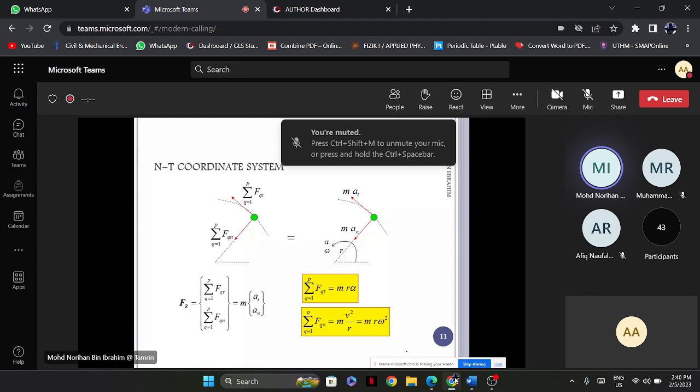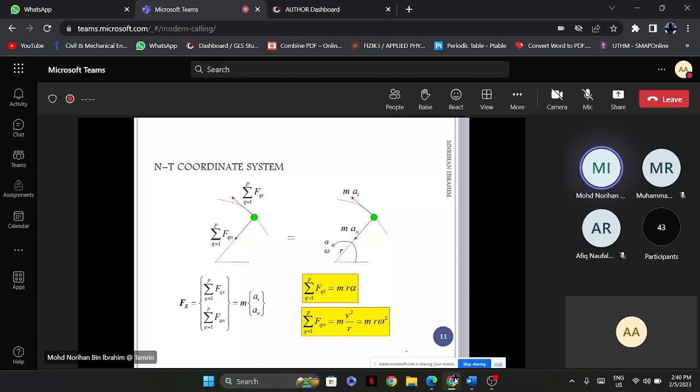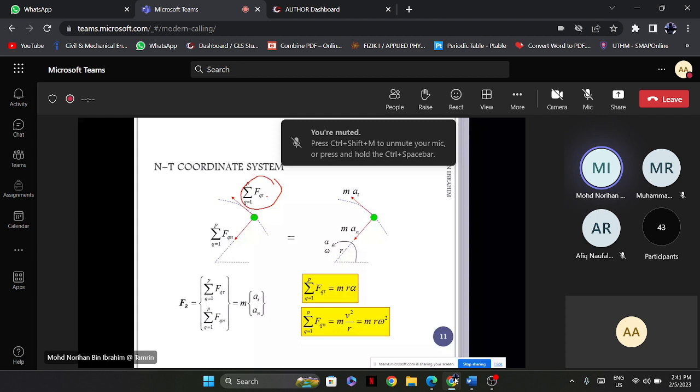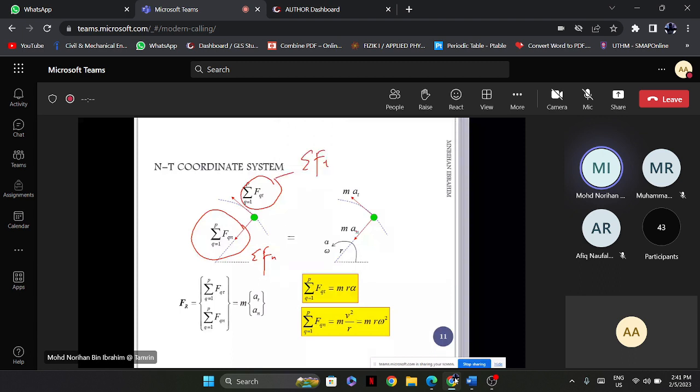So we need to consider the sum of Ft and also the sum of Fn, where the sum of Ft is equal to mat and the sum of Fn is equal to man, and therefore we can write down the equation for this normal tangent.